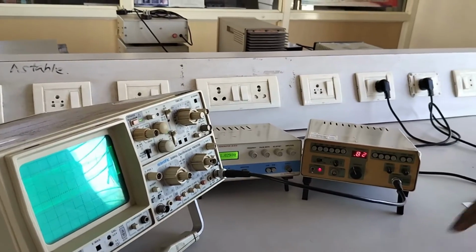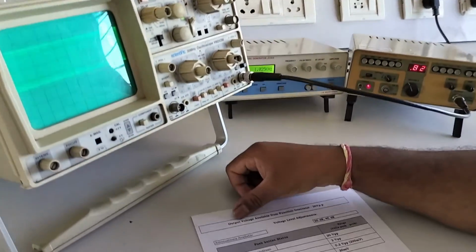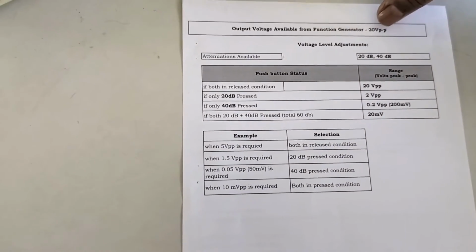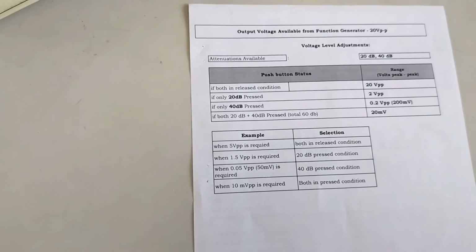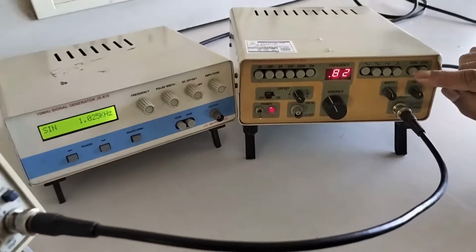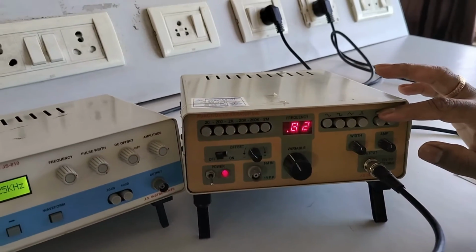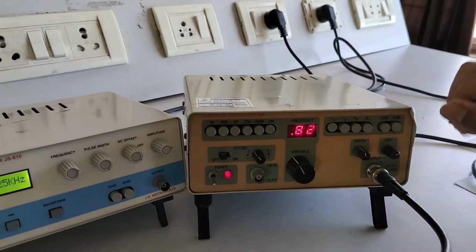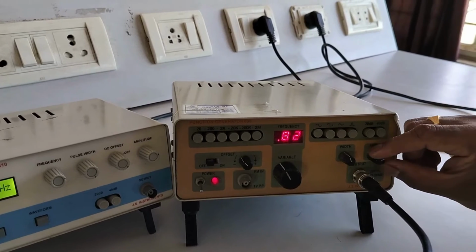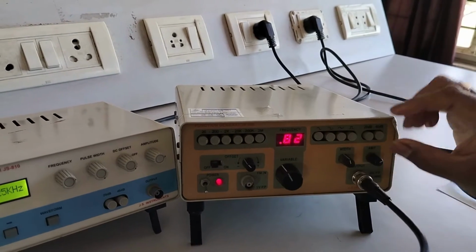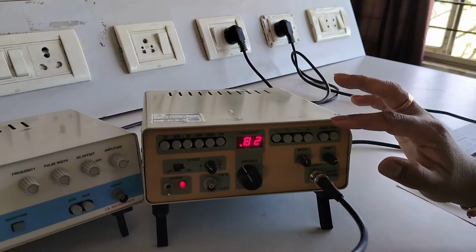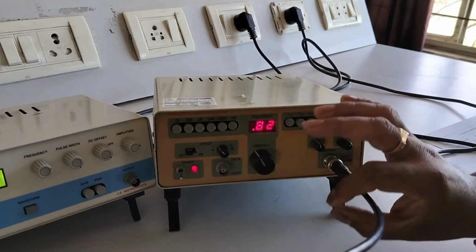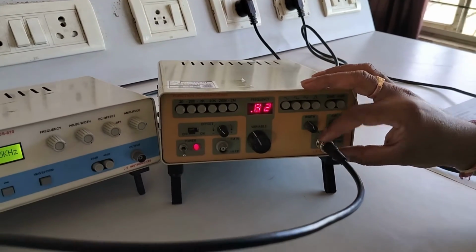I have made one chart for you. See here, the output voltage available from the function generator is 20 volts peak to peak. This is a very important point: if both the 20 dB and 40 dB push buttons are in release condition, and you keep the amplitude knob fully clockwise, the maximum voltage you get out of this function generator would be 20 volts peak to peak.